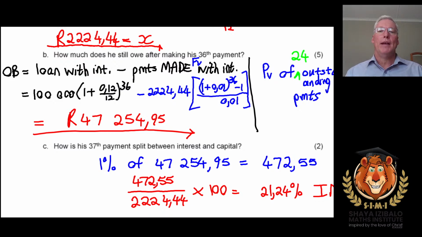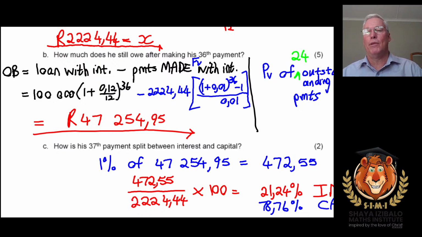Now that means that the balance of that payment, all right, and if we subtract this from 100, we get 78.76. That 37th payment, 21% of it went to interest and 78% roughly to capital.